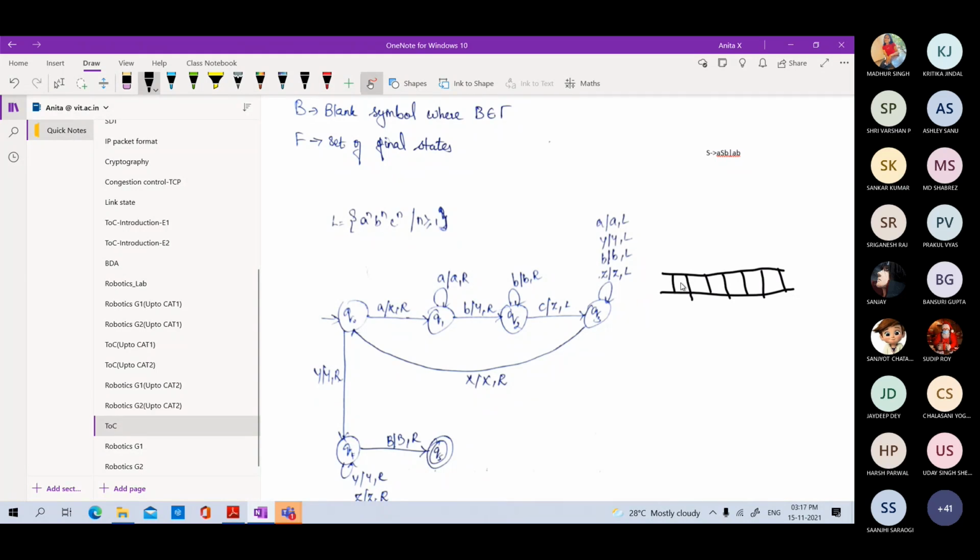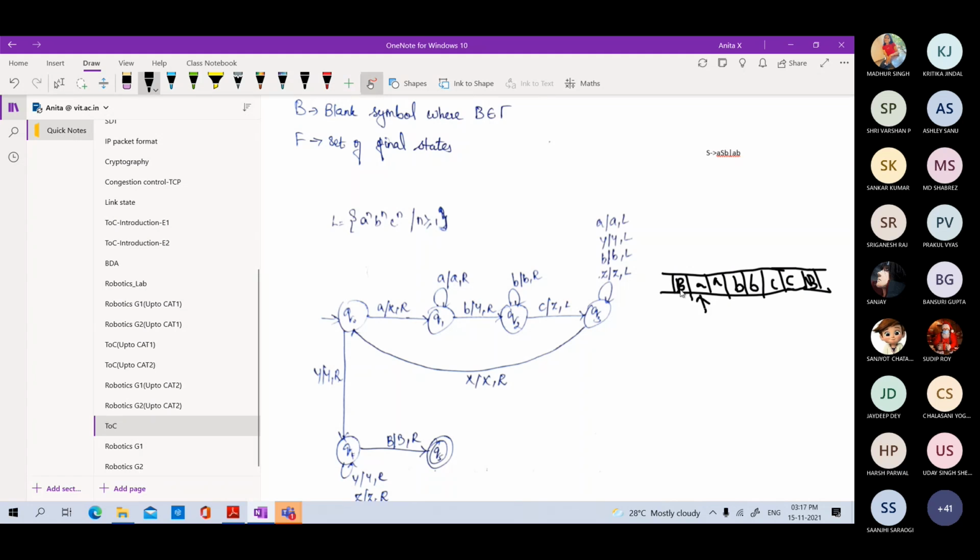I'll be placing a blank, and this is the initial configuration.